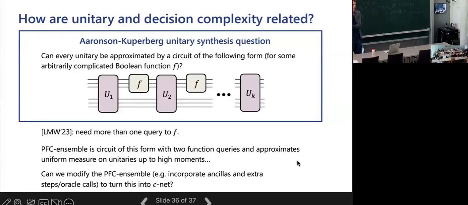You can try to prove that it becomes an epsilon net by proving the T design for extremely large T. I think T is 2 to the 2n, something like that. You probably know better than I do, actually. The problem is that by just repeating, you don't get beyond T having to be less than 2 to the n over 2. So it pushes down the error in the T design property, but it doesn't extend the range of T.